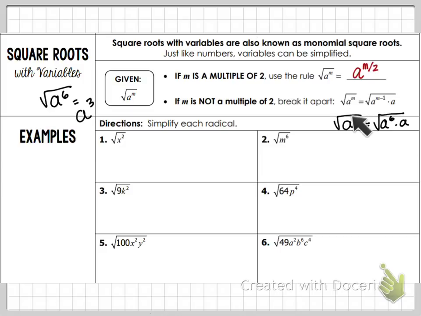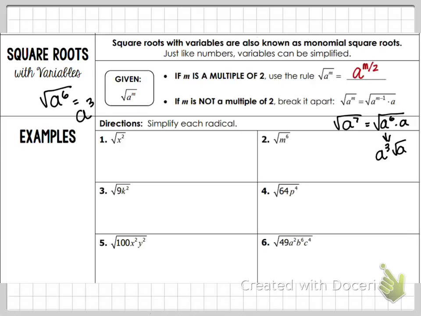If we subtract 7 minus 1, that's 6, so now this is even. Now we can simplify a to the 6th, and we'll just leave the a inside. So a to the 6th is going to be a to the 3rd power, square root of a.